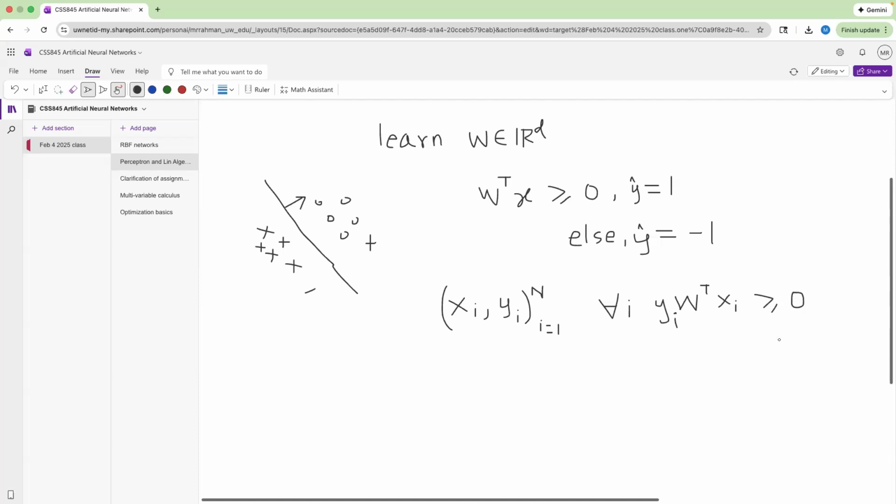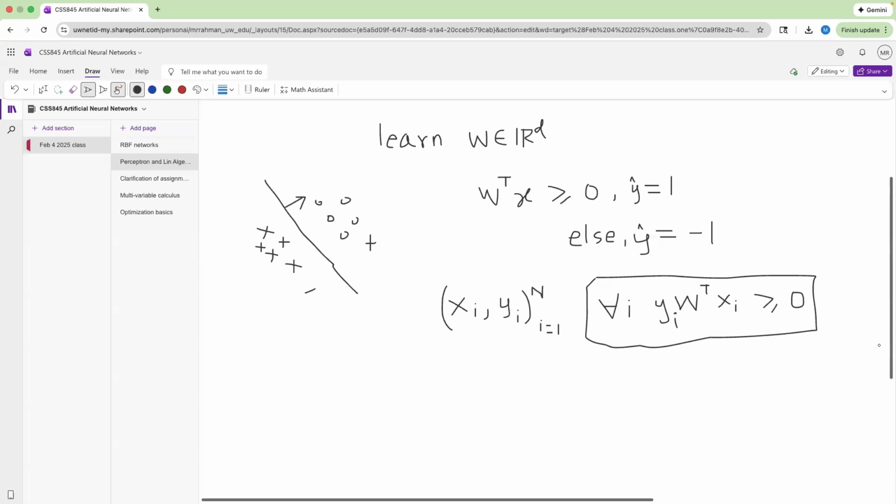Everyone clear on this rule? Why is this correct? Why does this mean no error? Good. If the dot product is positive and our label is positive, that means we didn't make an error. The other case is the dot product is negative and the label is negative, we also didn't make an error.